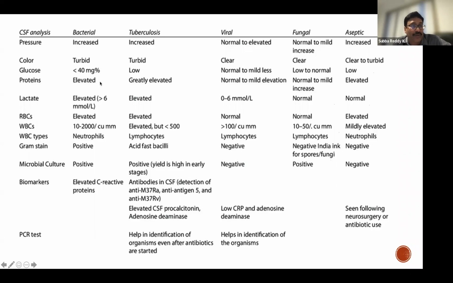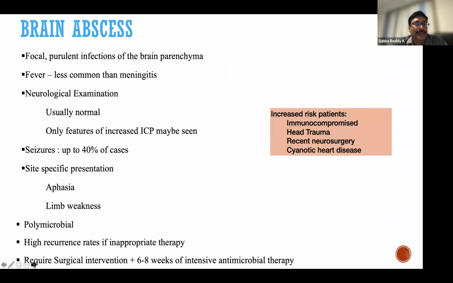Lactates are high, as I told, in bacterial meningitis, and WBC counts are elevated in bacterial meningitis. Gram stain definitely positive, acid-fast bacilli positive in tuberculosis. So again, we depend on the microbiological cultures, and we depend on biomarkers like C-reactive protein, and as I told, CSF lactate can be used, and if you don't get the diagnosis, we can use multiplex PCRs.